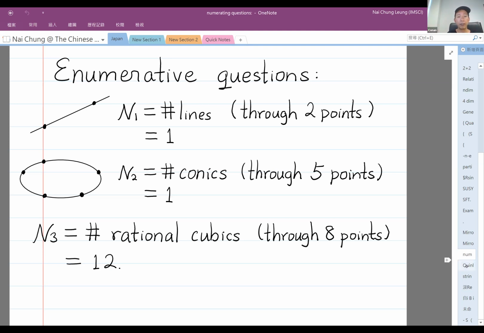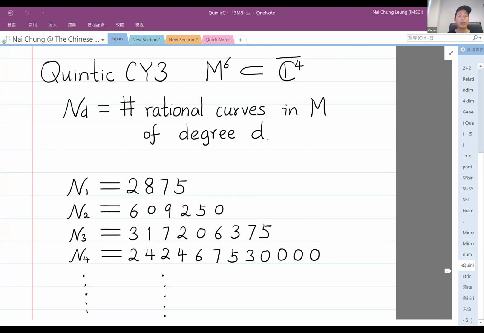A similar question can be asked in any space. Here is the one that we mentioned: a quintic threefold, a Calabi-Yau threefold. You look at C^4 or its compactification CP^4, and write down a degree 5 polynomial, a quintic equation, and the zero set is this Calabi-Yau threefold M, where 6 is only the real dimension, but it's complex 3-dimensional.